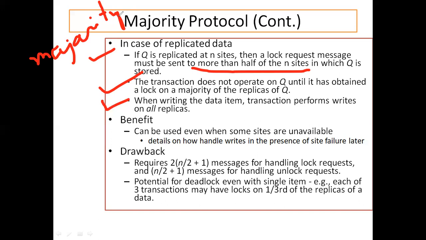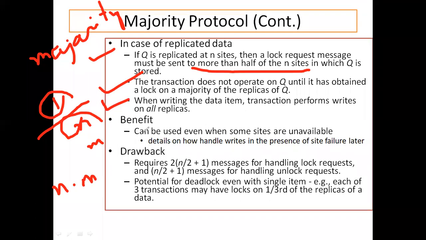Now, what will be the benefit here? If you look at the steps carefully, one main benefit is that we are focusing not only on a single site, we are focusing on multiple sites. Say n sites. If m sites fail, then we still have n minus m sites.